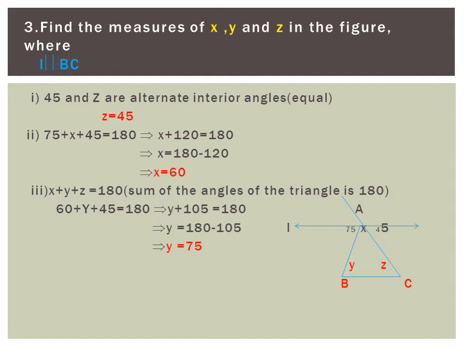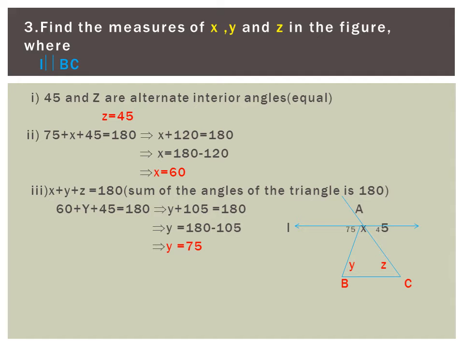Third problem, find the measures of x, y, z in the figure, where L is parallel to BC. Observe here, in the figure L and BC are both parallel. AC is a transversal. ABC is a triangle, but you have to observe the line segment from A to C. How do we think of it as a transversal?